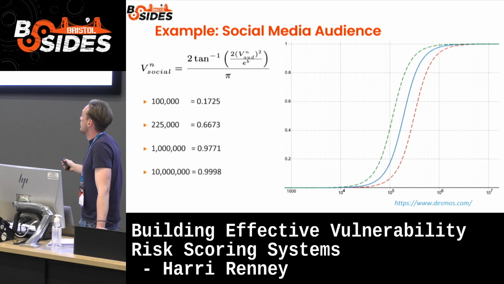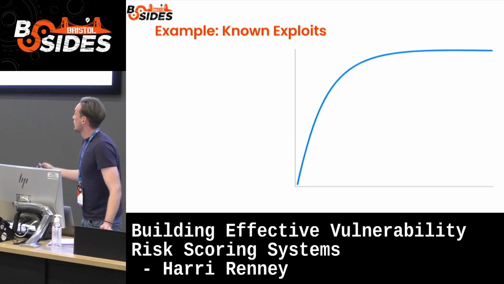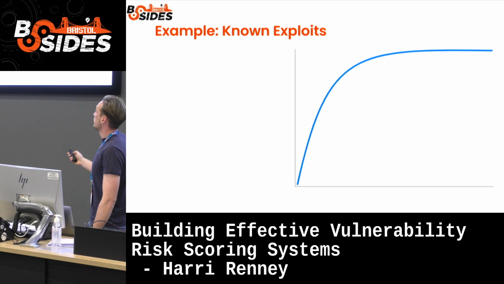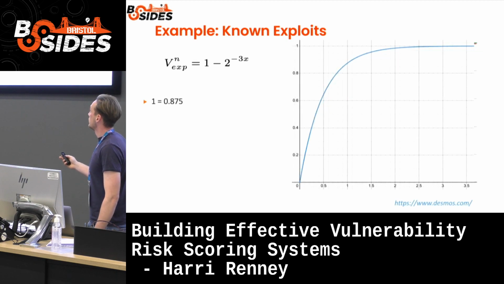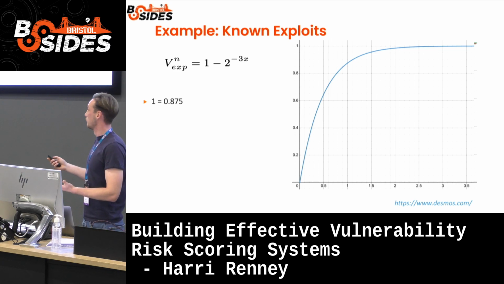So if you want more impact at a lower number of audience, you can control the shape of the curve. Just another example, known exploits. I would go for this kind of exponential curve, defined like that. If you've got a known exploit, you probably want to bump something straight up to a really high risk value, right?